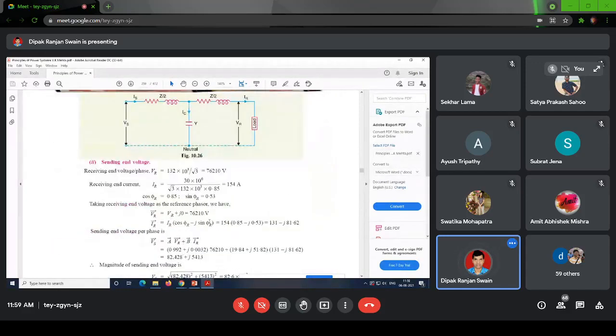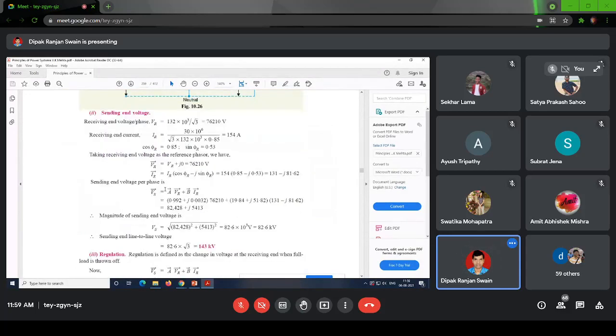Then as you know, how to calculate the value of regulation and power. Here it becomes simple. In the previous problem, what did we have to do? We had to move step by step from IR to VS and IS. But here, once you have the ABCD parameters, directly in one step you can calculate VS and IS.